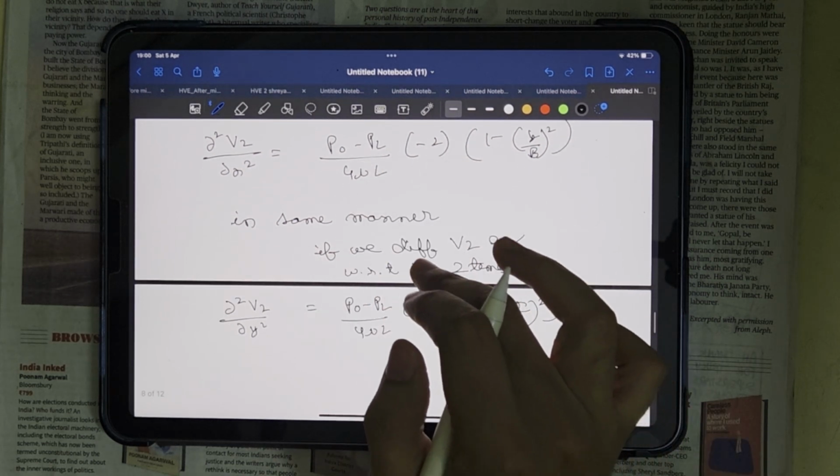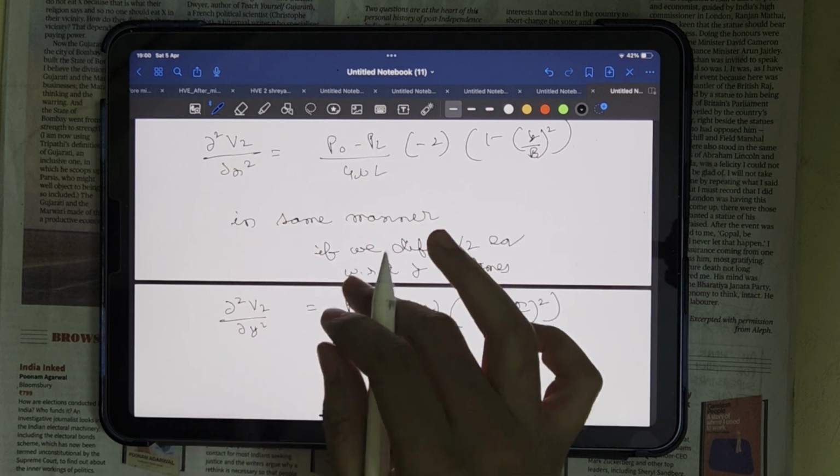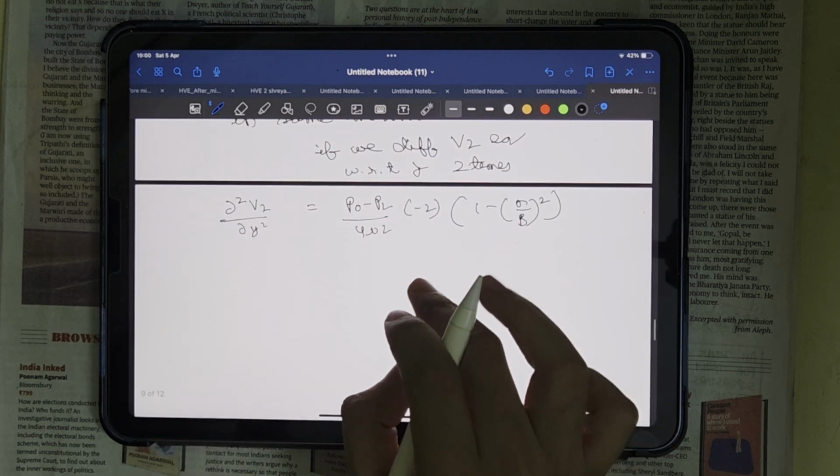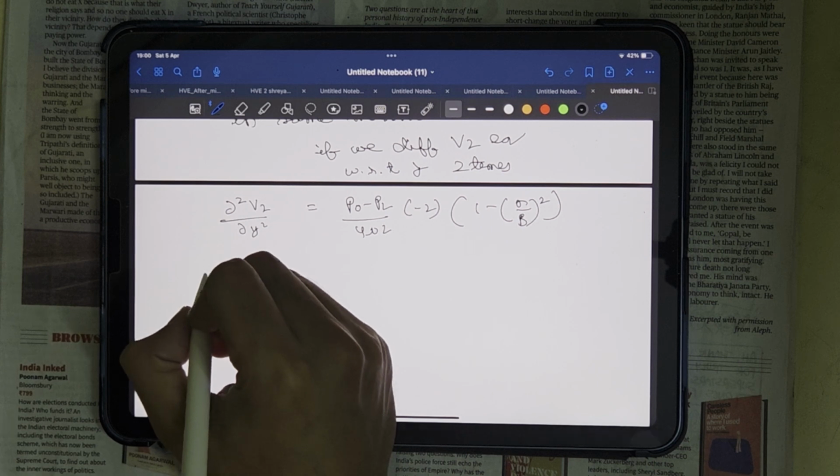Now we will substitute this dou square Vz upon dou x square and dou square Vz upon dou y square in our initial equation.